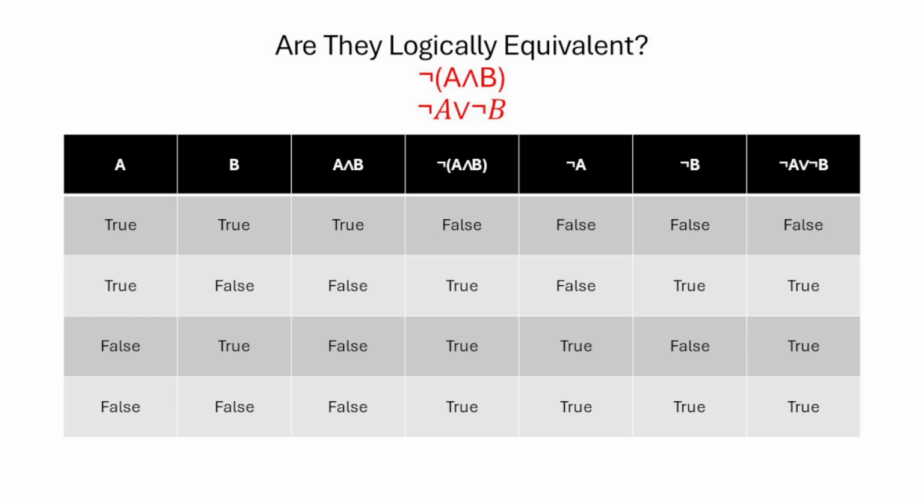So if A is true and B is false, then A and B is false. Therefore, not (A and B) is true. And we have not A is false, not B is true. Therefore, not A or not B is true.